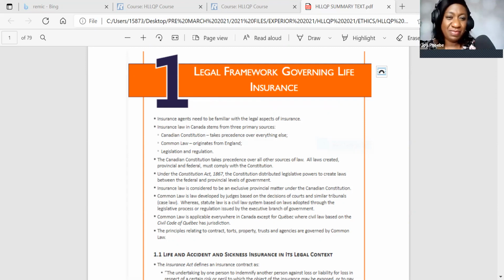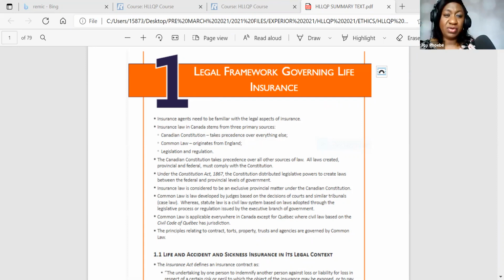Know this income replacement, because sometimes they'll test you on the incorrect answer: when somebody is looking for critical illness, the source of that person's income is not a factor for the underwriting process. Why? Because it's not looking for income replacement. However, if the person is looking for disability insurance, then his income becomes a vital factor for the underwriting or approval process. All right.